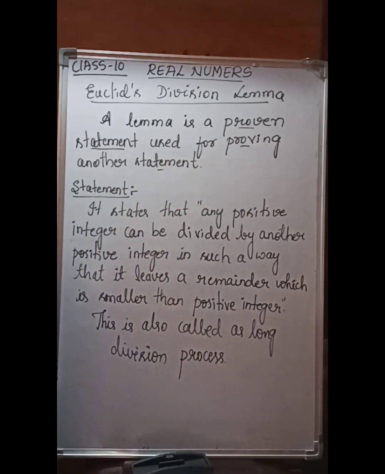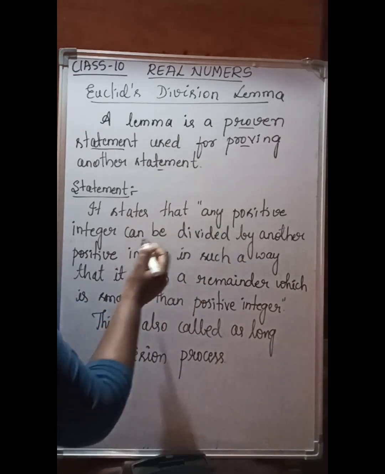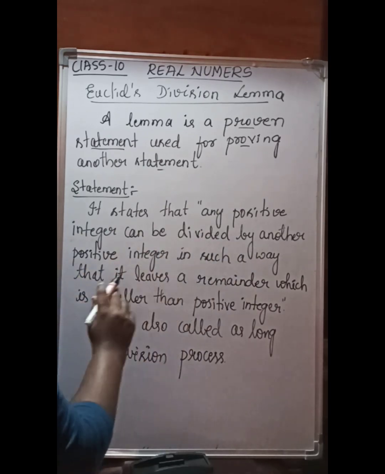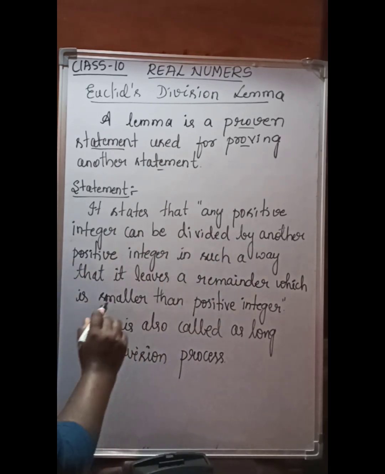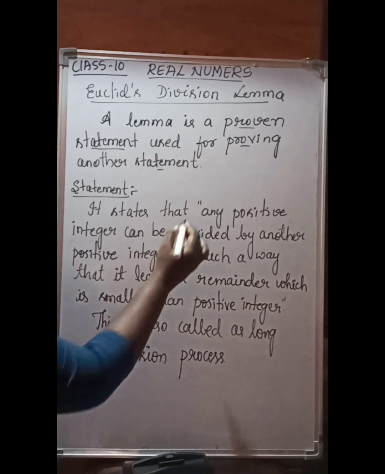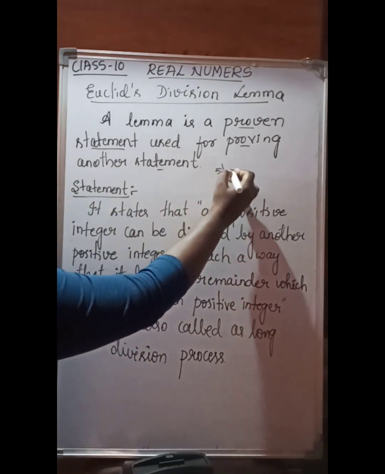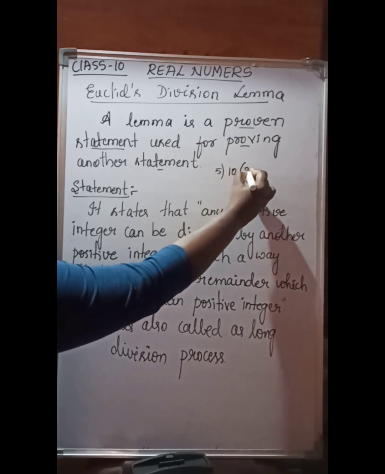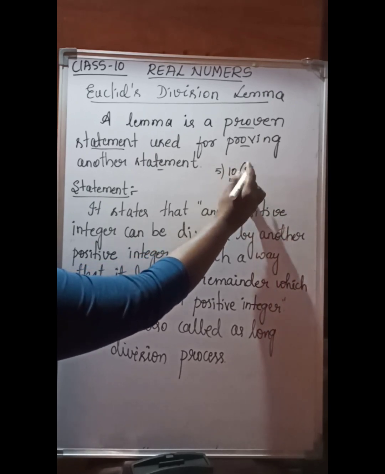Now what does Euclid's division lemma state? It states that any positive integer can be divided by another positive integer in such a way that it leaves a remainder which is smaller than the positive integer. What is the meaning of that? Take any integer, for example 5. This 5 can divide another integer, take 11 here.